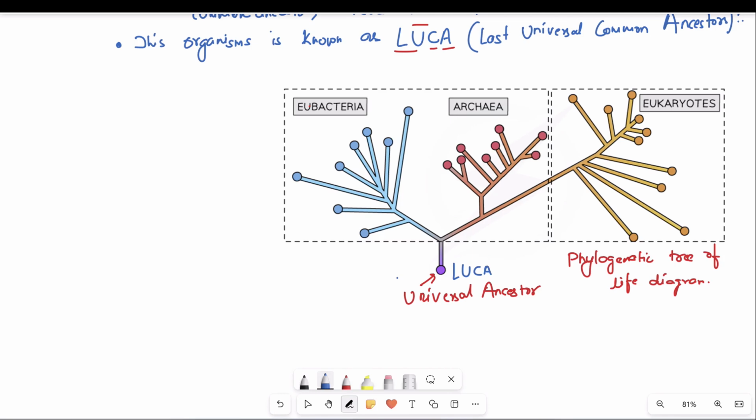So this is a type of evolutionary tree of life indicating the evolution of life from the last universal common ancestor, LUCA, and from there all the organisms are coming out. So, evidence for common ancestry. What are the evidences? Let's talk about that.